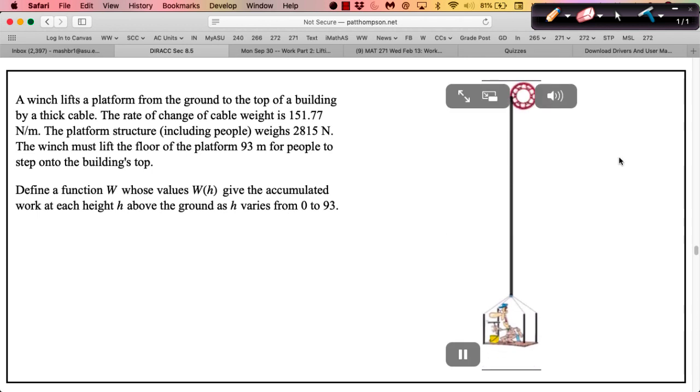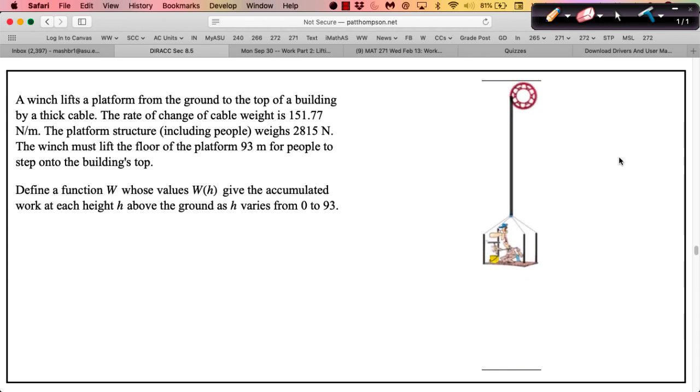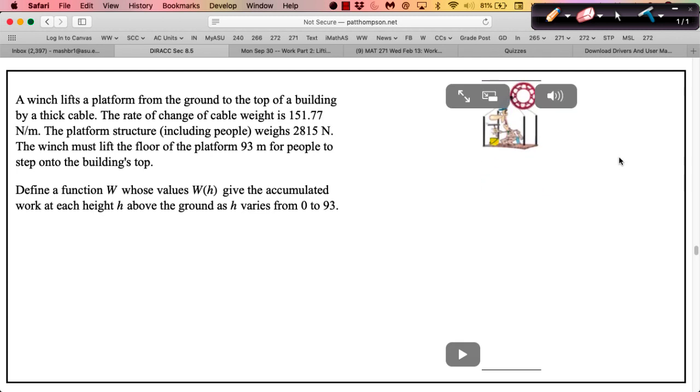A winch lifts a platform from the ground to the top of a building by a thick cable. The rate of change of the cable weight is 151.77 newtons per meter. The platform structure weighs 2815 newtons. The winch must lift the floor of the platform 93 meters for people to step onto the building's top.